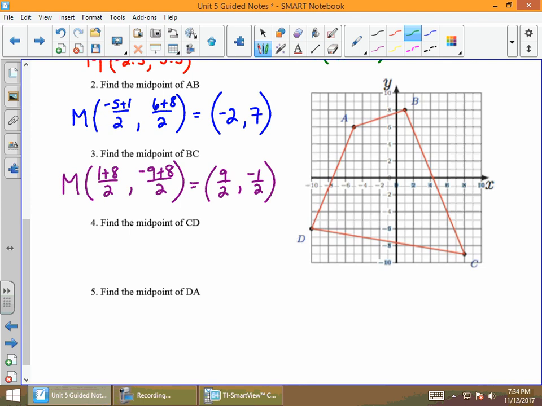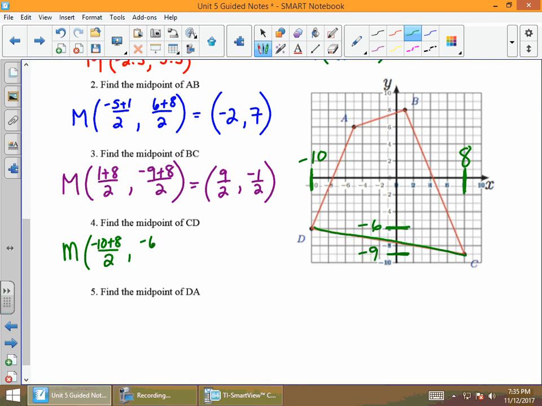Okay, CD is my next one. Here is CD. If I look at my x's first, my x values are at negative 10 and positive 8. So my midpoint is negative 10 plus 8 divided by 2. My y values: D is at negative 6 and C is at negative 9.